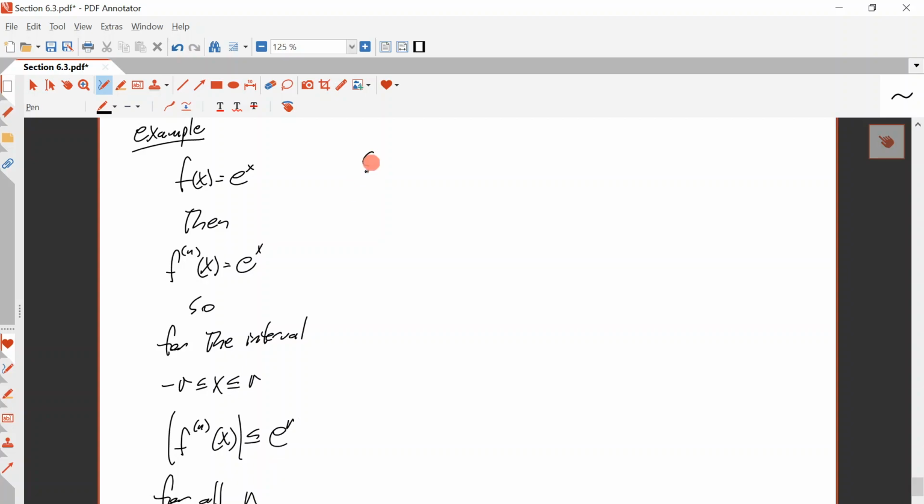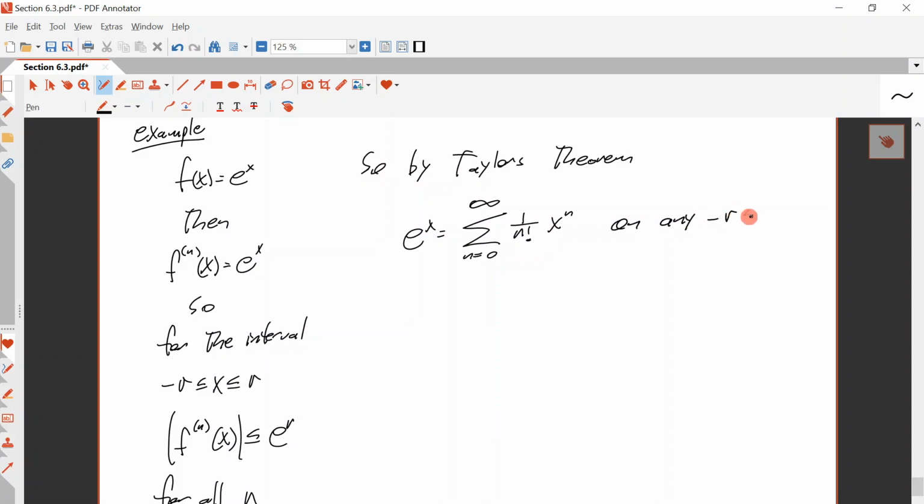So by Taylor's theorem, e to the x is equal to its Taylor series on any interval minus r less than or equal to x less than or equal to r.